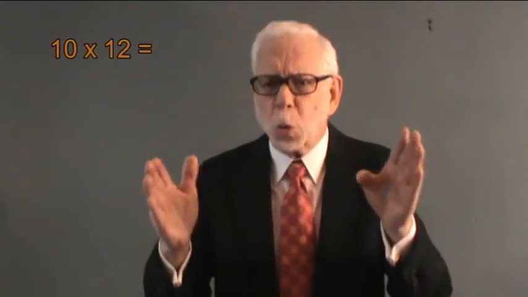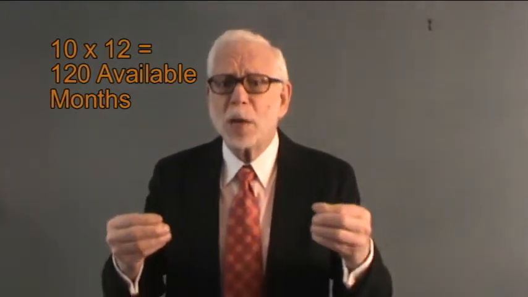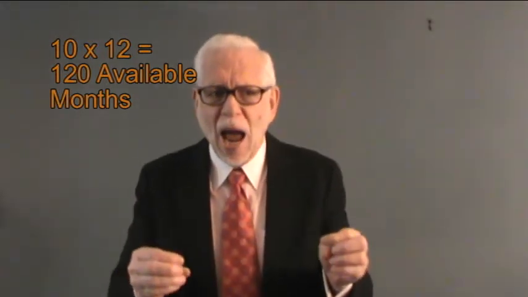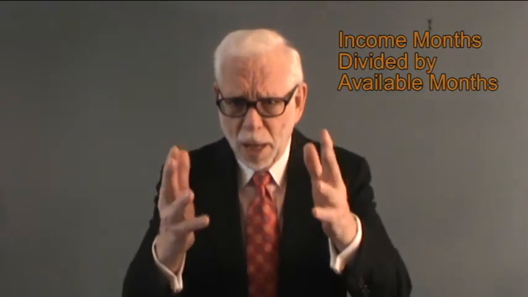Then you go to your rental spreadsheet and you figure out how many months you had income that they paid the rent. Then you divide the income months into your available months and you get an occupancy rate.